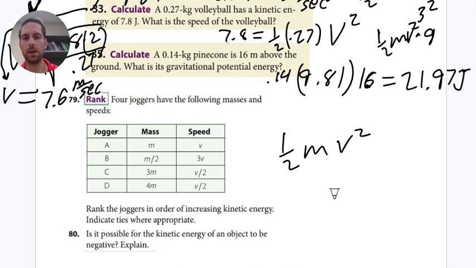And here we'll plug in all our values for this. So A is just going to be the original. B will be 1/2 times m over 2 times 9 v squared.